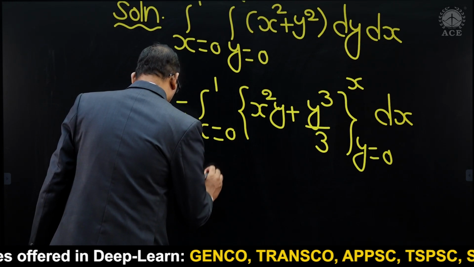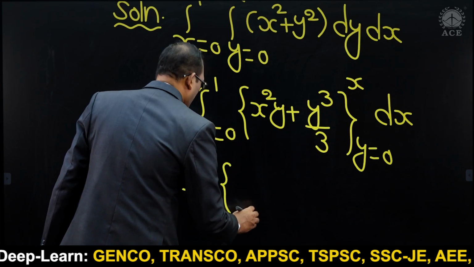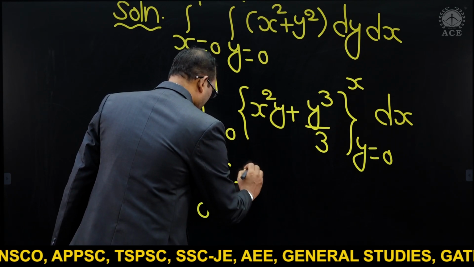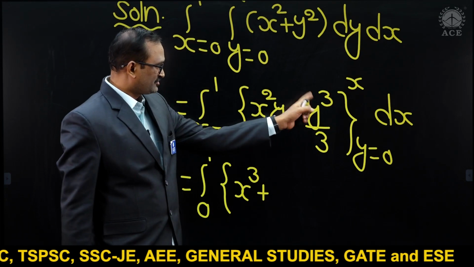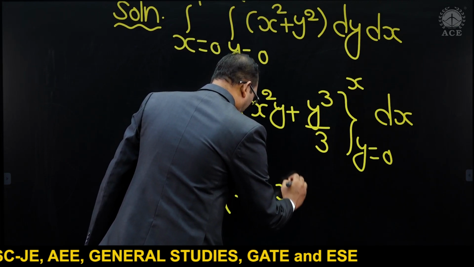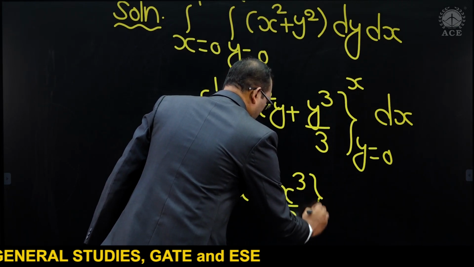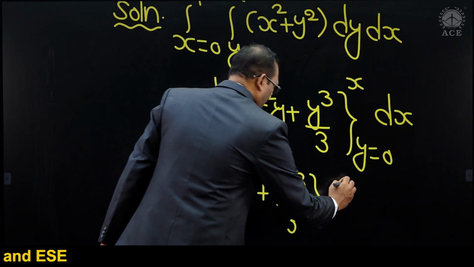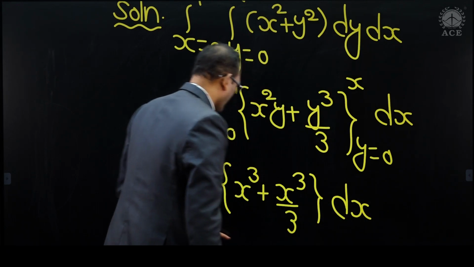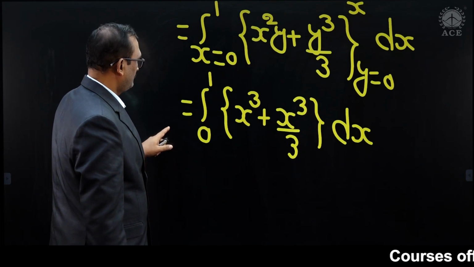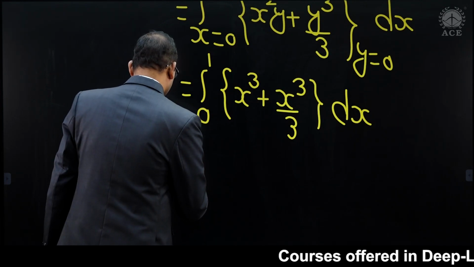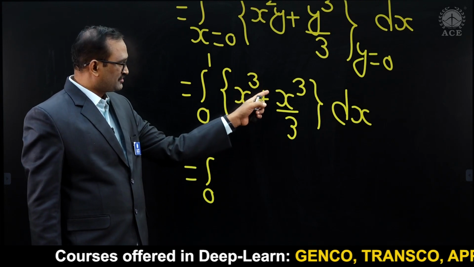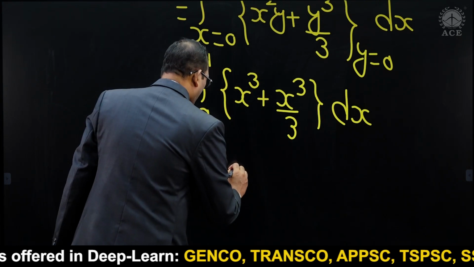So this is equal to integral 0 to 1, these are x limits, replace y by the upper limit x: x square into x, that is x cube, plus x cube divided by 3. Replace y by the lower limit 0, we get 0, dx. This is equal to integral 0 to 1, 3x cube plus x cube, 4x cube divided by 3.